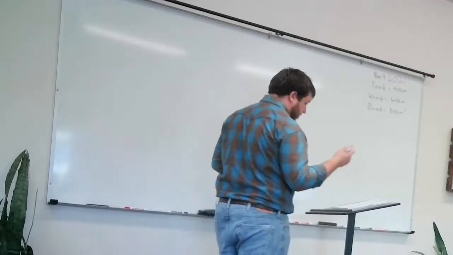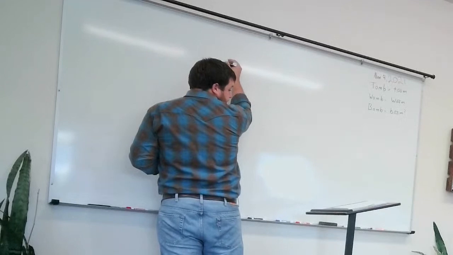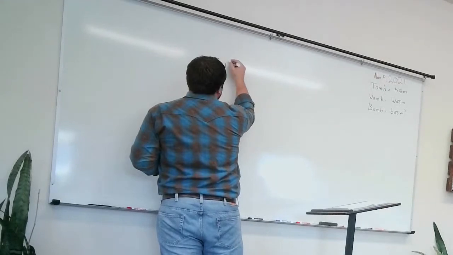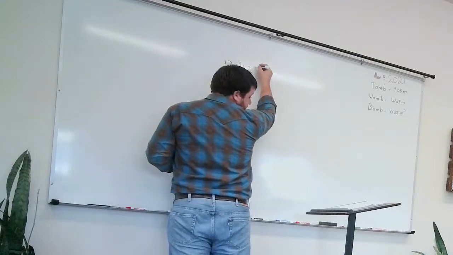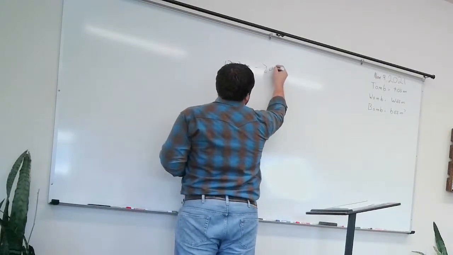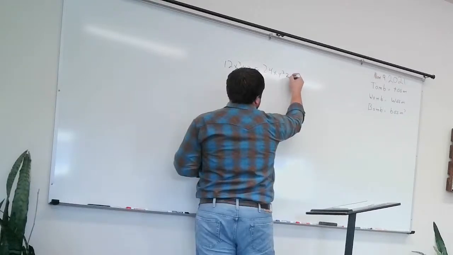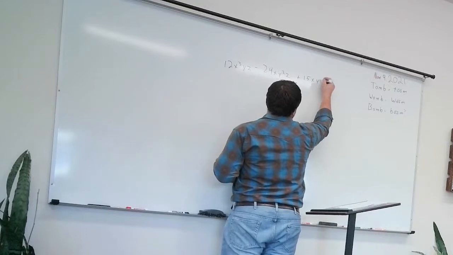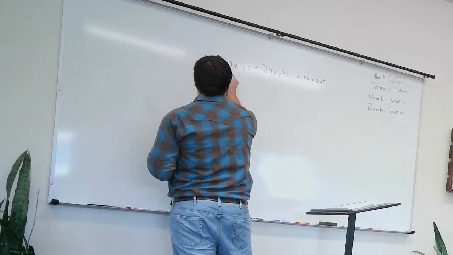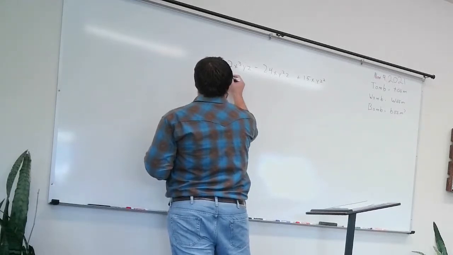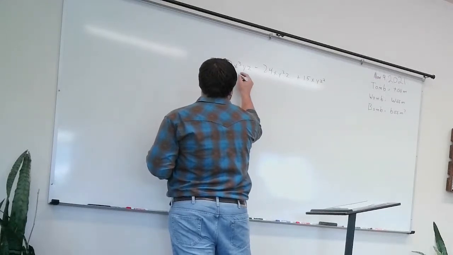Okay, then go on up here and talk about it. You have 12x cubed y z, 24x y squared, plus 15x y z squared. So you factor all these. 24 has 3 and 2s. Hang on, we're not done yet factoring.